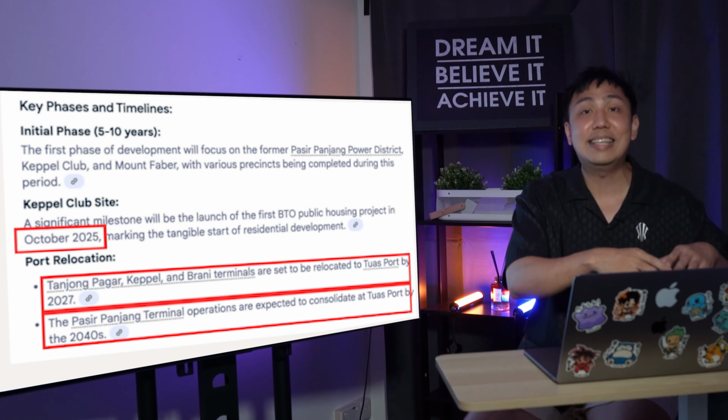New launch supply is pretty easy to estimate because it is controlled by our government, either through government land sales or en bloc. But resale supply is slightly harder, because if there are no individual owners willing to put their units on the market, the resale supply will always be low.